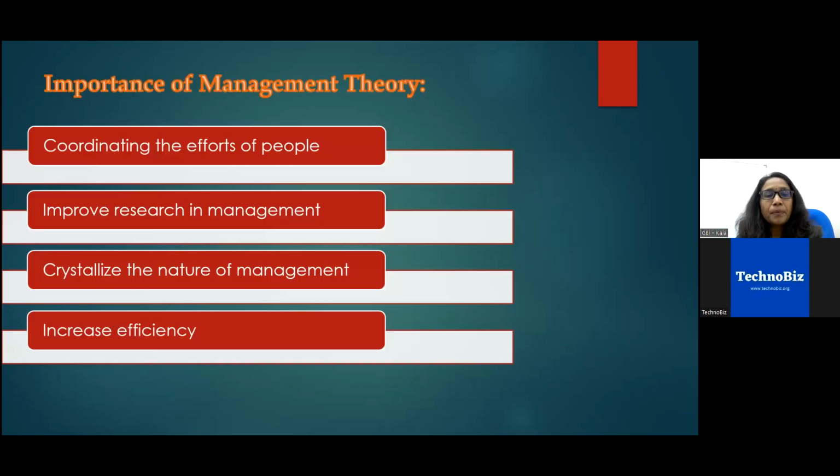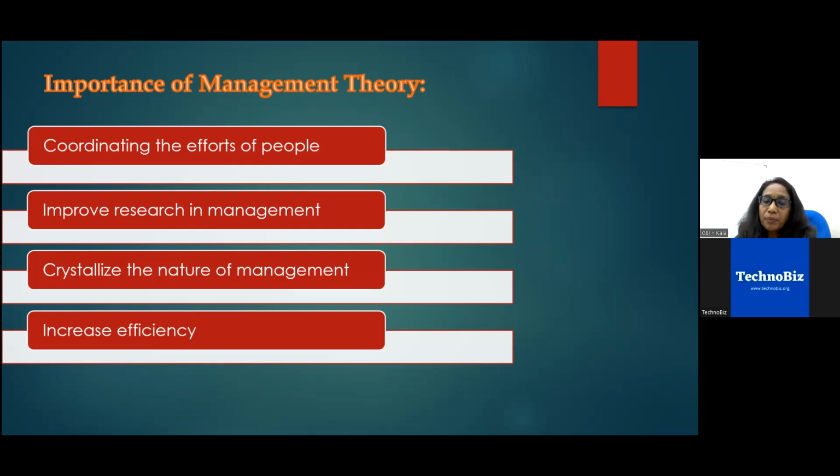Okay, importance of management theory. Why is it very important? Coordinating the efforts of people. The study of management should be concerned with human behavior and organizations and related matters. Organizational effectiveness depends on the quality of relationships among the people working in the organization. So relationships are very important.